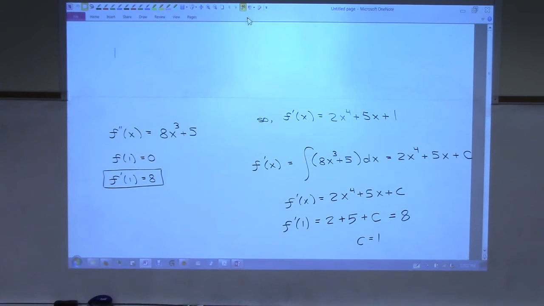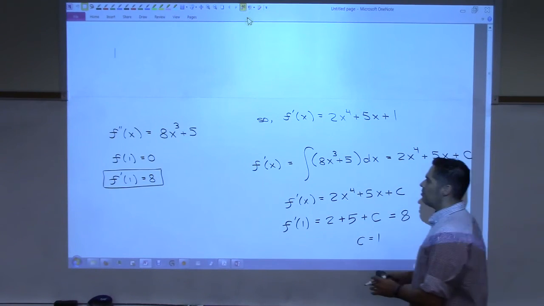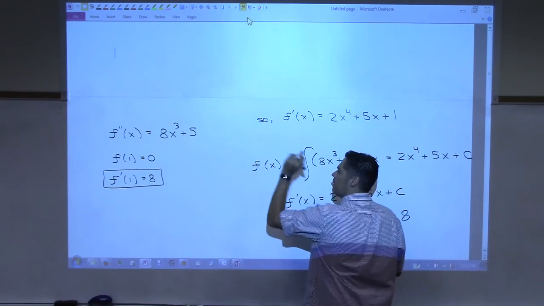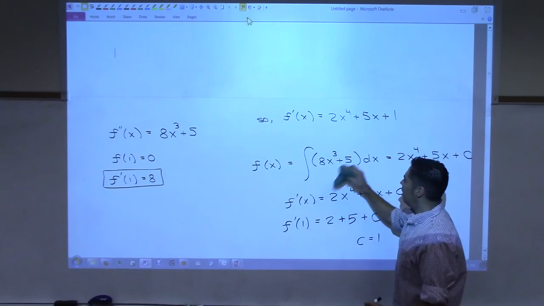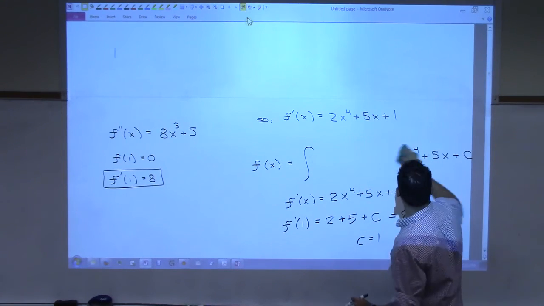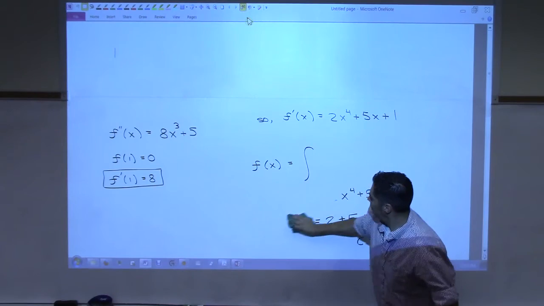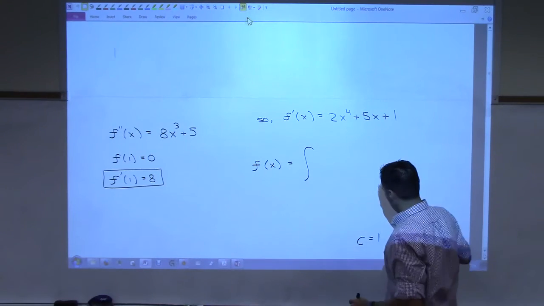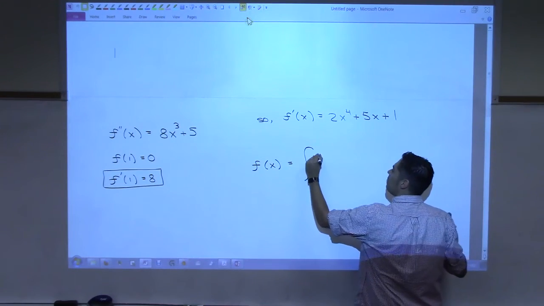Now what? Now do the antiderivative. Go back again now, all right? So now what I can say is f of x should be equal to the antiderivative of that. I'm about to repeat the process, right?